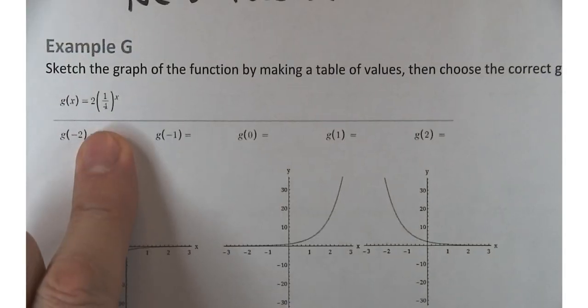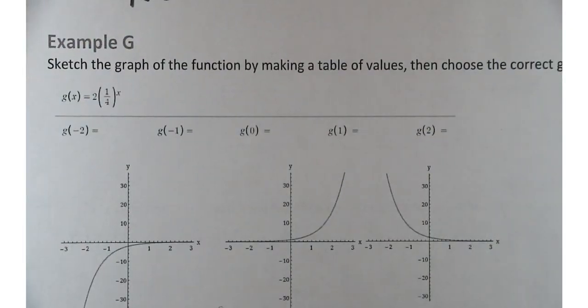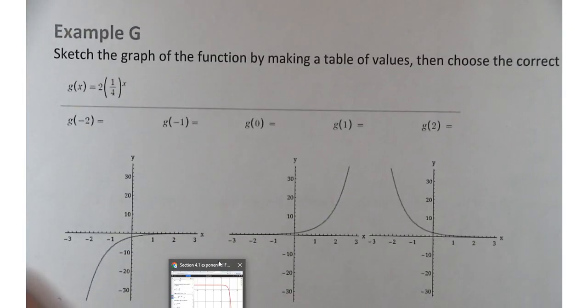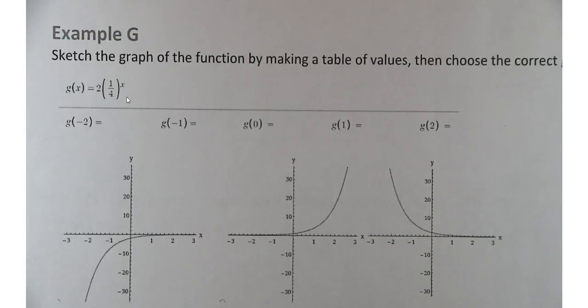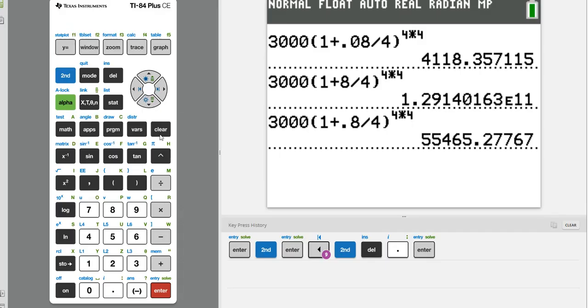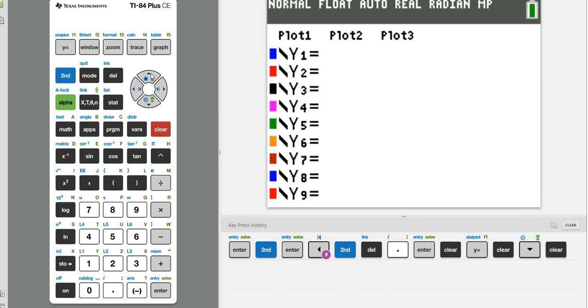Are you pretty comfortable with your graphs or your graphing calculator? Now, a nice way to decide which one of these graphs is correct is by just plugging in some points and plotting them. Let's plug this equation into our calculator and see if we can determine, just based on the points we get, which one of these is correct.